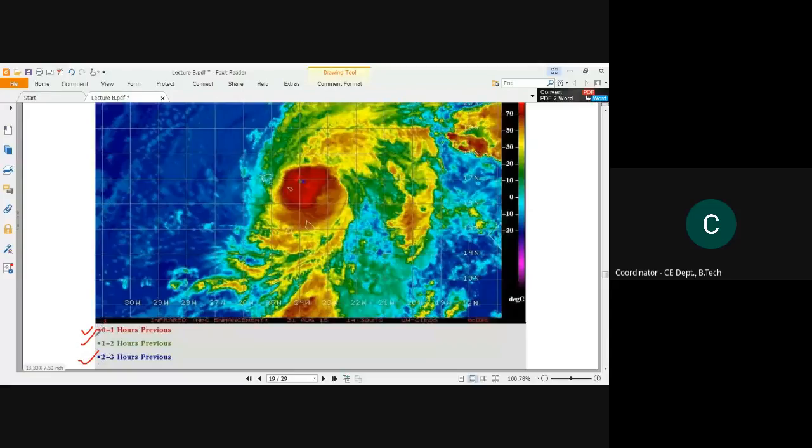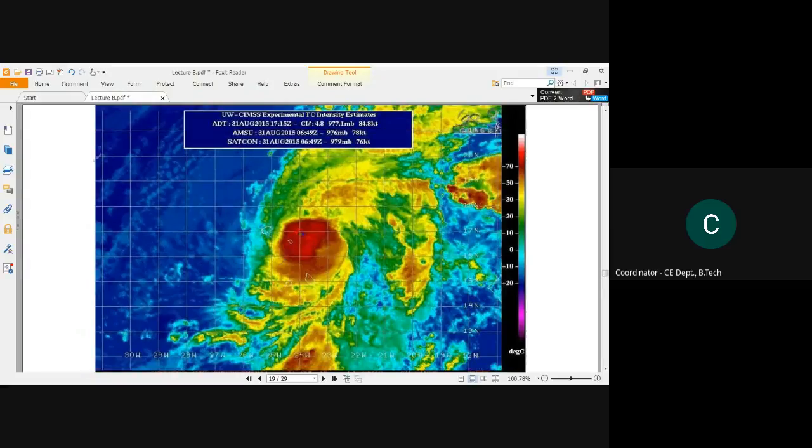See, the red color shows the 0 to 1 hour previous data in this picture. The data of 1 to 2 hours previous is given by the green color, and the data of 2 to 3 hours previous is given in blue color.